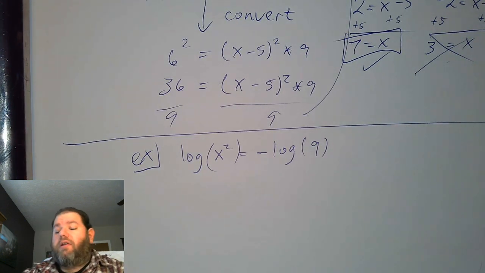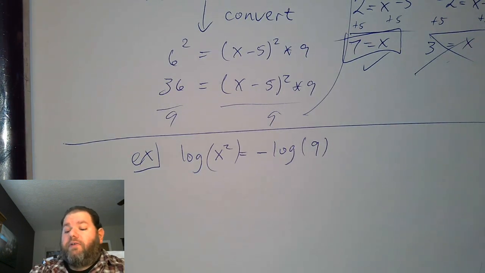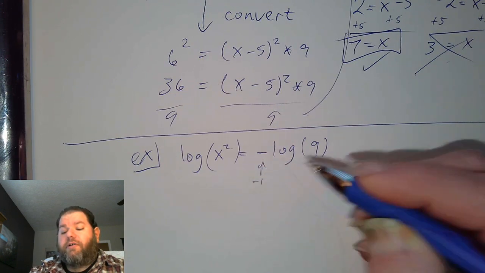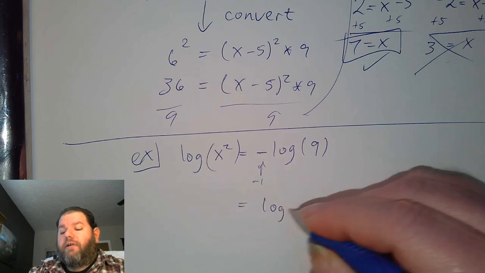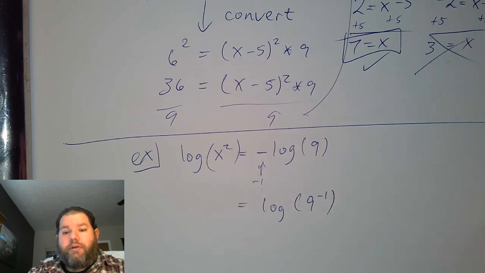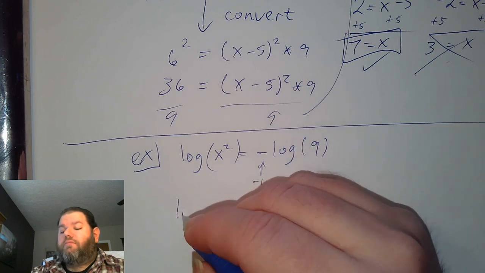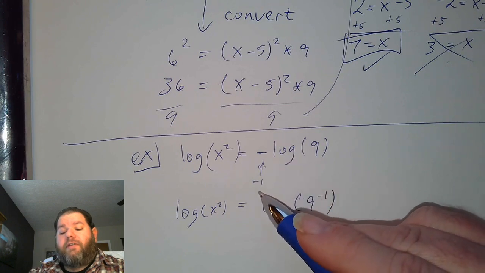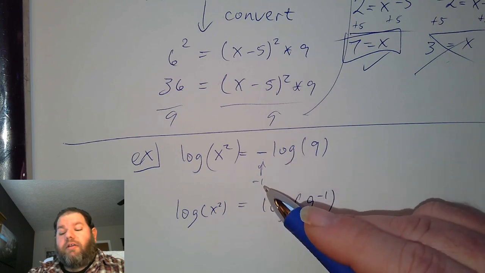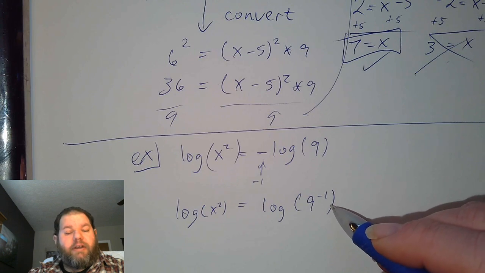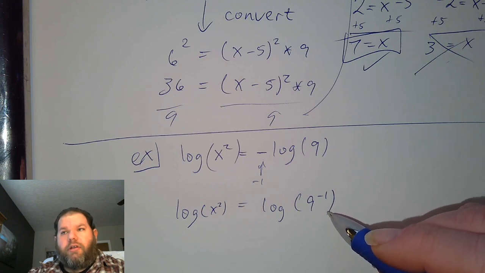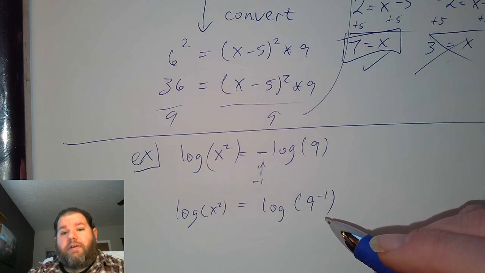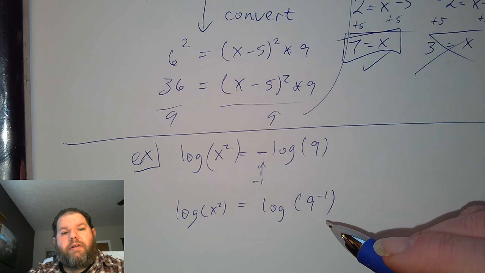What we would have to do first is take this negative coefficient, because this is a negative 1 here, and rewrite that as log of 9 to the negative 1. Basically, when we have a negative log, it's like there's a negative 1 multiplying it, and the negative 1 would bring inside as an exponent with our third manipulation property from section 6.5 that we looked at last Wednesday.